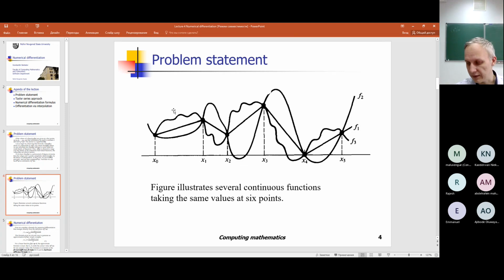But if we fix that the function is a polynomial of degree 5, it completely solves, in theory, the problem, because we can build an interpolating polynomial using 6 points and find the derivative.